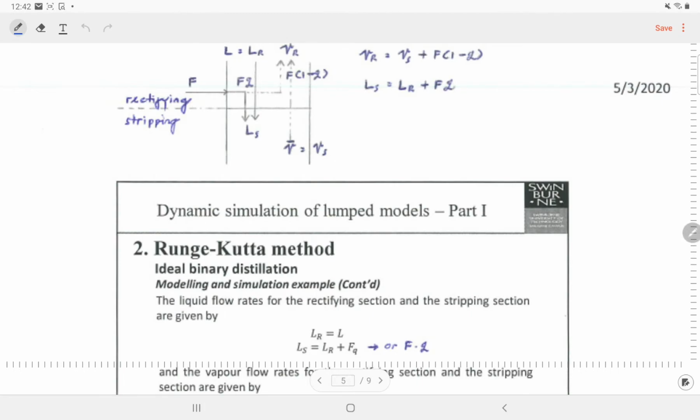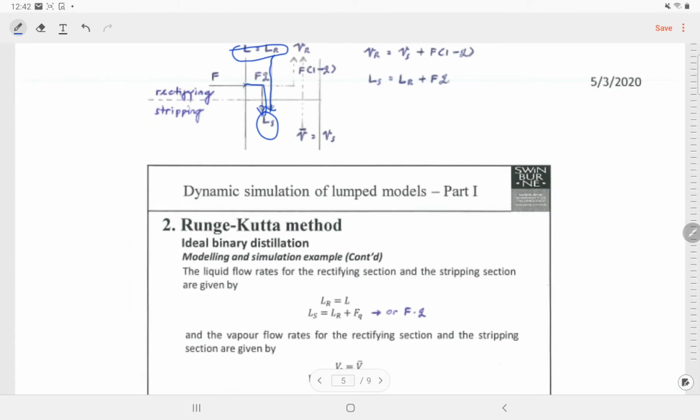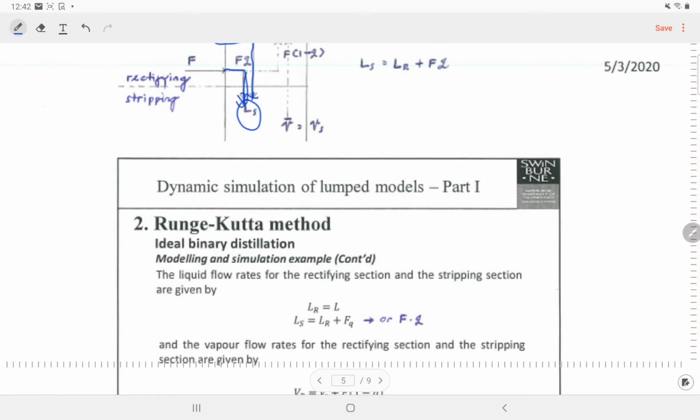Here I show you how L from the rectifying section is equal to L. The liquid flow rate in the stripping section will be what is coming from the rectifying section plus the portion of the liquid that comes from the feed.